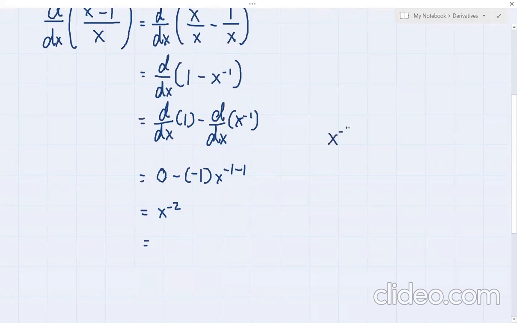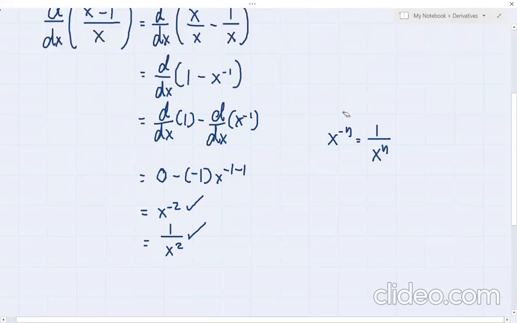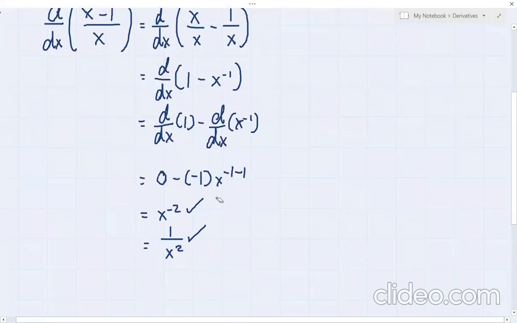Remember, x raised to negative n is equal to 1 all over x raised to n. Therefore, we will have 1 all over x raised to 2. So, both of them are correct naman. It's up to you kung ano magiging sagot pipiliin mo. I'm just giving you the possible answers na tama naman. So, yun. You see my point here?